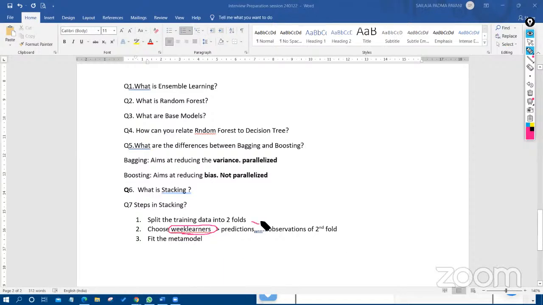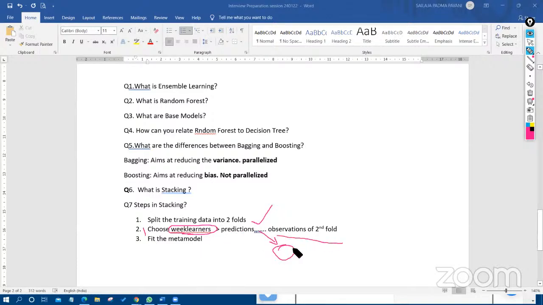So what you have done is split the training data into two folds, and from the first fold you chose the weak learners, made some predictions, and did some model fitting. Whatever predictions you got from the weak learners become the observations of the second fold.